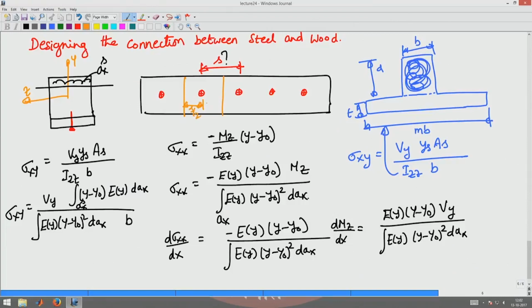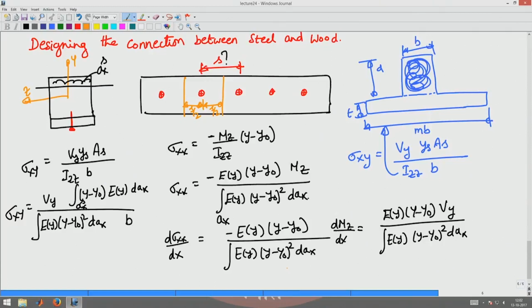this is s by 2 and this is s by 2, okay, and you have to multiply this sigma xy with s times b, and you have to equate it to the allowable shear force in the nail, okay. So sigma xy then would be Vy into that entire area is BD into the center of that cross section would be measured from the neutral axis, Ys should be measured from the neutral axis.